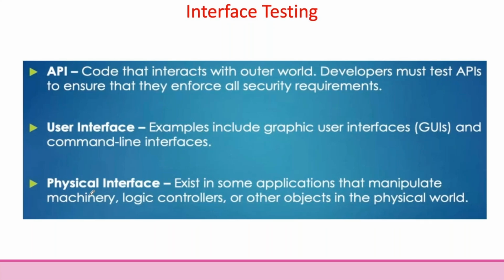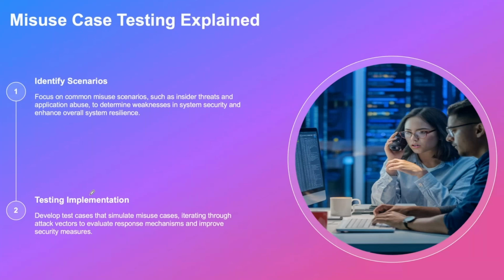Then when you do the normal testing, you also need to do the abuse case or a misuse case testing. What does it mean? You have to make sure that your application is ready to handle the abuse or the mistakes of the user. So if you enter the human weight as 800, how the system is going to react?